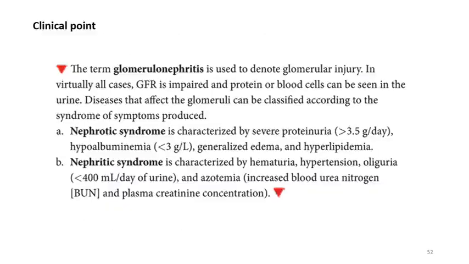And the final clinical point for this session that is important to mention is glomerulonephritis. Glomerulonephritis is a condition in which glomerular capillaries or the filtration barrier are injured, and overall GFR will be decreased and protein and blood cells will appear in the urine.